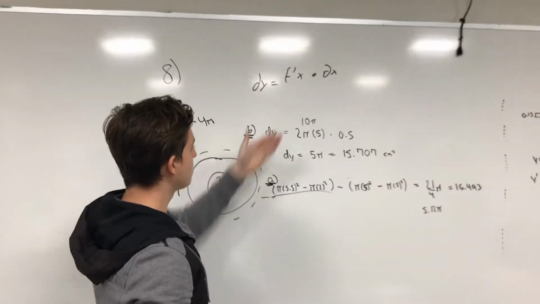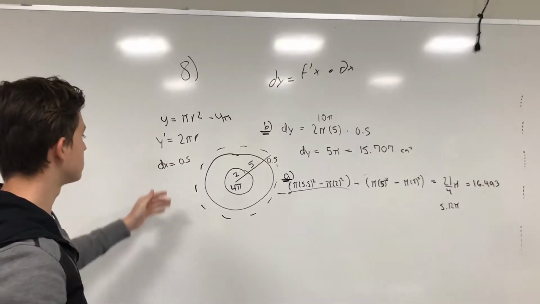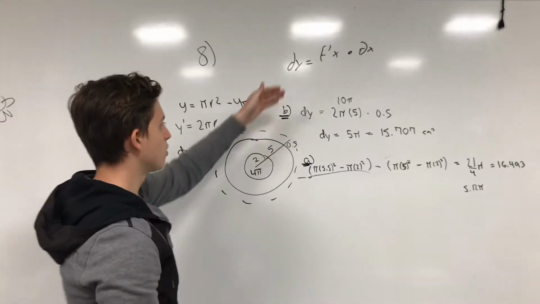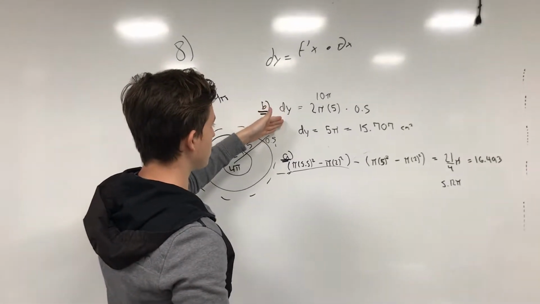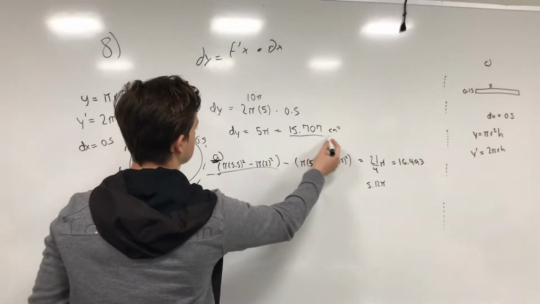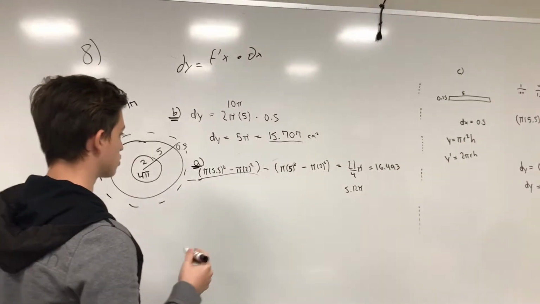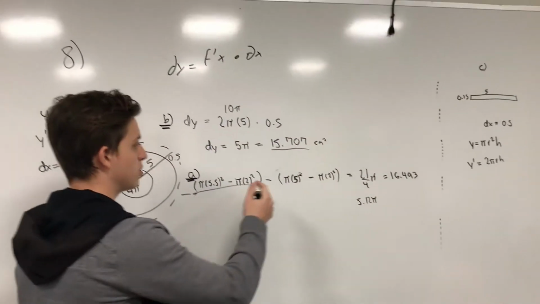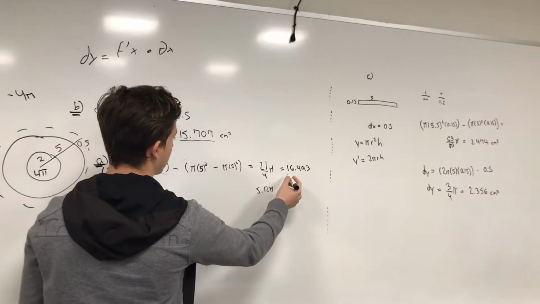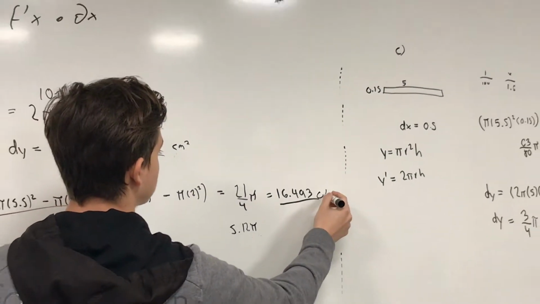We insert it here, and then we multiply it by dx, that is 0.5. We put the numbers in here, and we get the answer, that is 15.707 centimeters squared, which is very similar to the answer we got first, that is 16.493 centimeters squared.